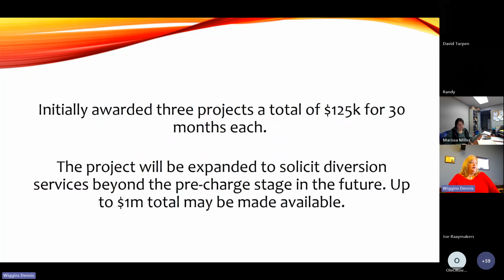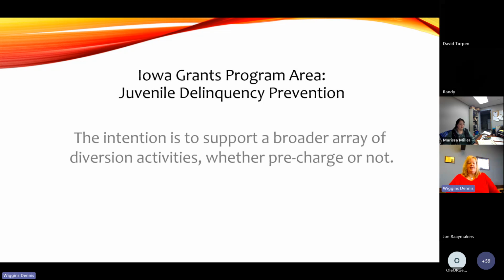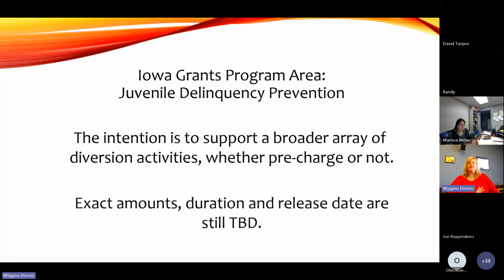The amount here, and this was for our initial projects, so for the pre-charge programs, it was a total of 125,000 per. The intention was to continue to kind of fund it at that. We wanted to fund as many programs as possible, but again, we have a little bit of the problem with we can't give away our money.